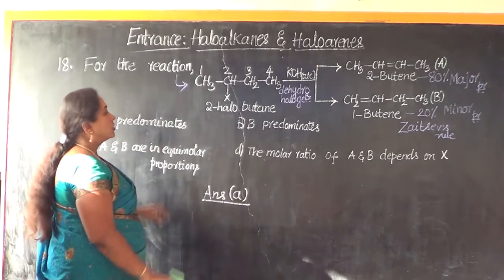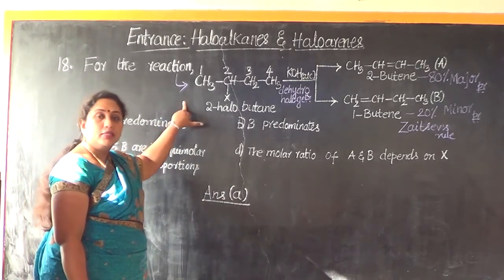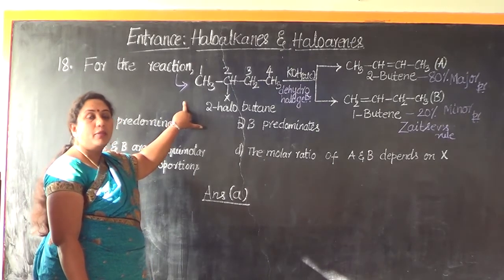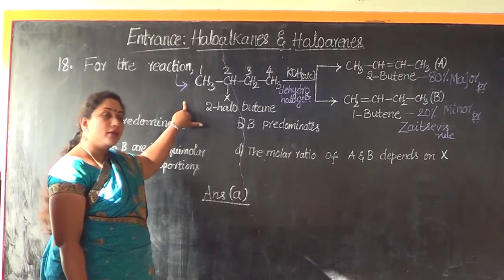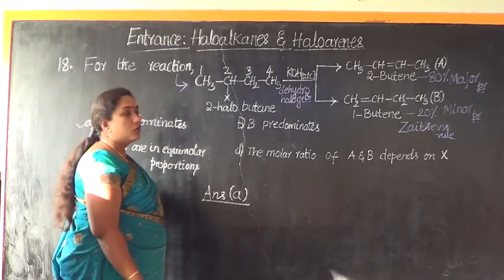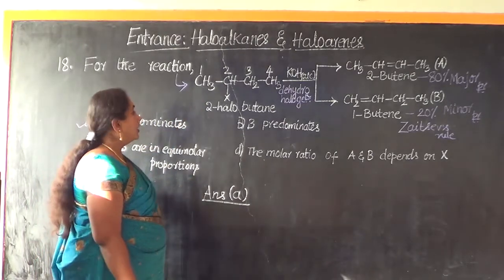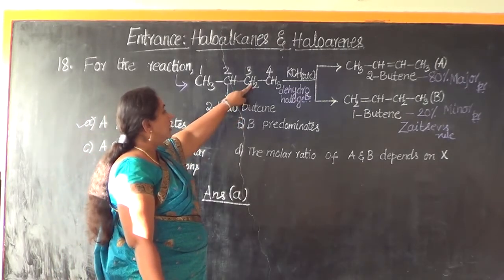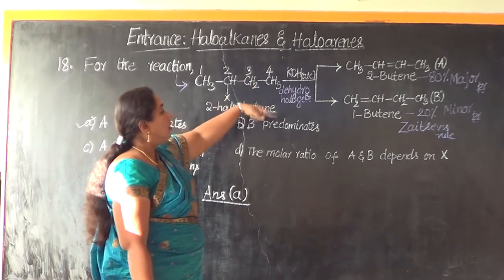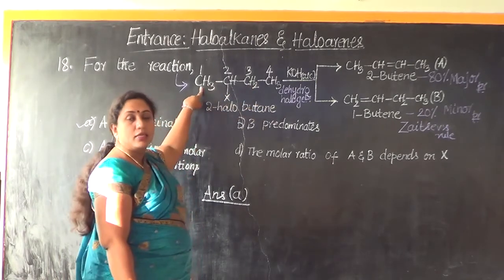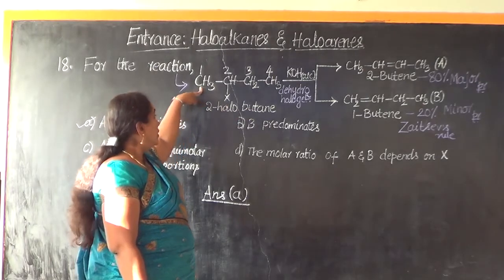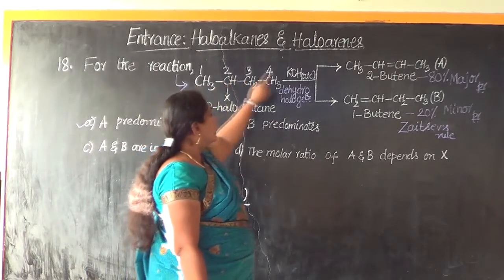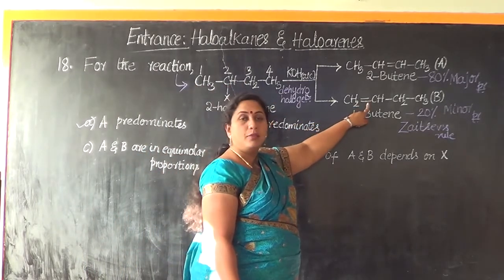This question was purely based on Saytzeff's rule. Hope you have understood this, which involves the elimination of hydrogen from the beta carbon. Therefore, this is also called a beta elimination reaction. In the formation of A, the elimination of hydrogen has taken place from this carbon. In the formation of B, elimination of hydrogen has taken place from the first carbon. So if there is a removal of hydrogen from here and halogen from here, the first and second carbon atoms will be involved in the double bond.